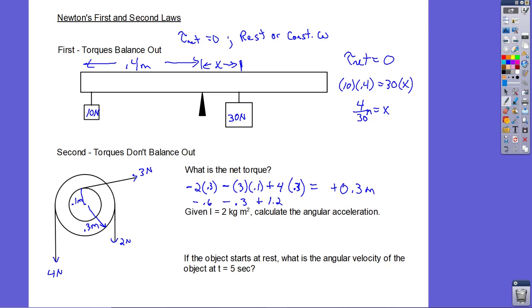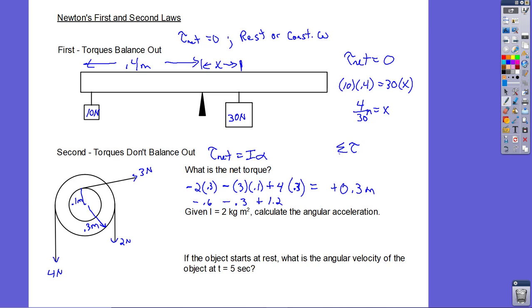Okay. Now once you have that, you can calculate the angular acceleration, because we know for the second law, the net torque equals I times alpha. That's also on your formula sheet. I believe they write it as the sum of the torques. That's the same thing as saying the net torque.